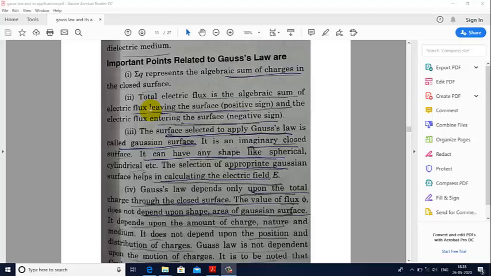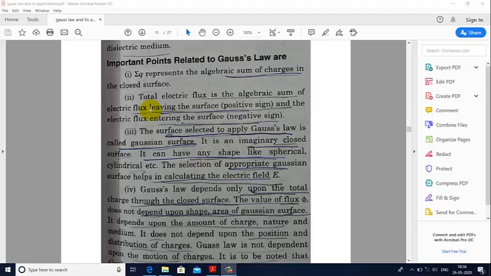The surface that we select to apply the Gauss law is called Gaussian surface. It is an imaginary closed surface. It can have any shape like spherical, cylindrical, etc. The selection of appropriate Gaussian surface helps in calculating the electric field. Okay?